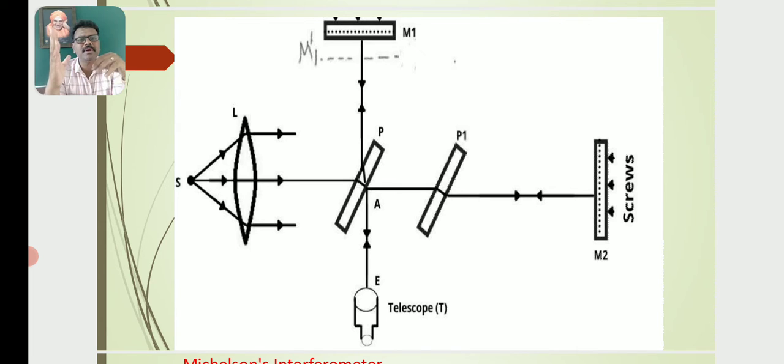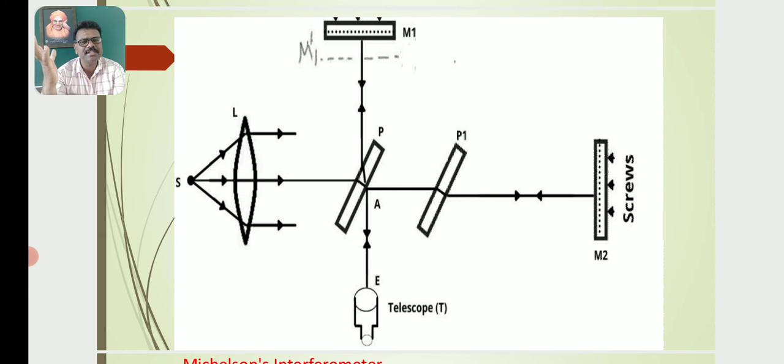Here mirror M1 is placed perpendicular to the reflected ray, so the reflected ray is incident normally on the mirror M1. Similarly, the mirror M2 is perpendicular to the direction of the transmitted ray, that means the transmitted ray is incident normally on the mirror M2.